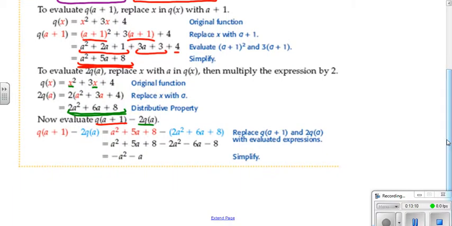So it would look like a squared plus 5a plus 8, that was our red underline, minus 2a squared plus 6a plus 8, that was our green underline. Now we just distribute that negative to each piece individually. So a squared plus 5a plus 8 minus 2a squared minus 6a minus 8. And combine all of our like terms. We are left with, in the end, negative a squared minus a.